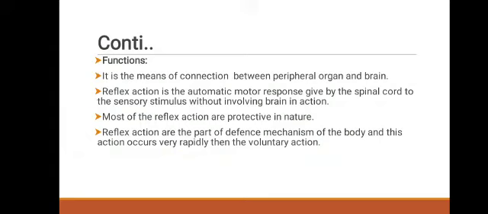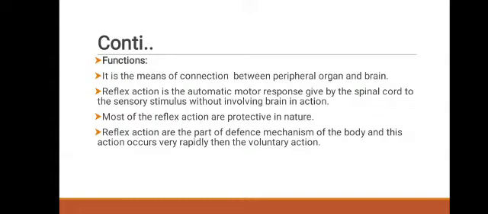Then function: it is a means of connection between peripheral organs and the brain. Reflex action is the autonomic motor response given by the spinal cord to a sensory stimulus without involving the brain in action.